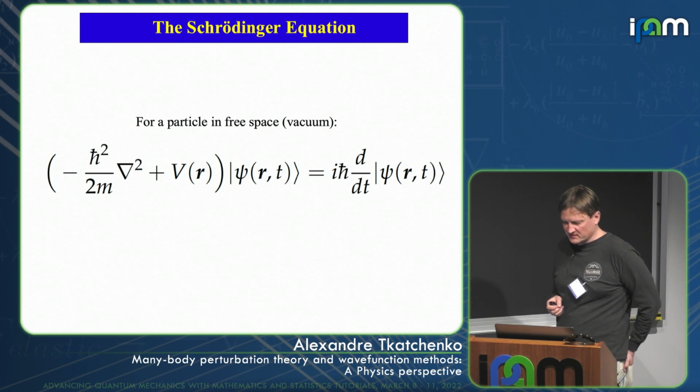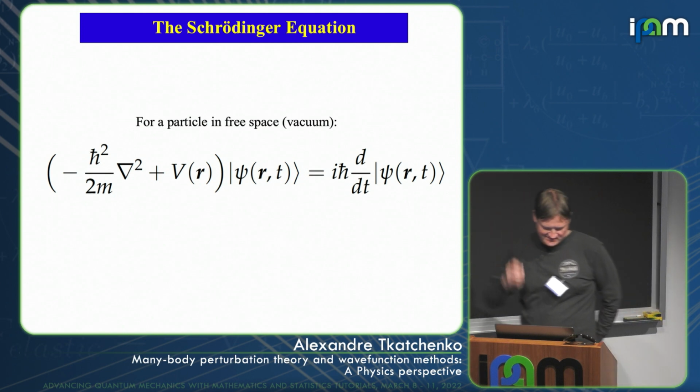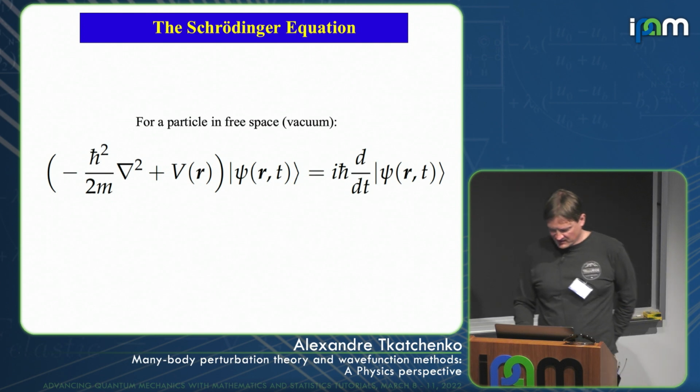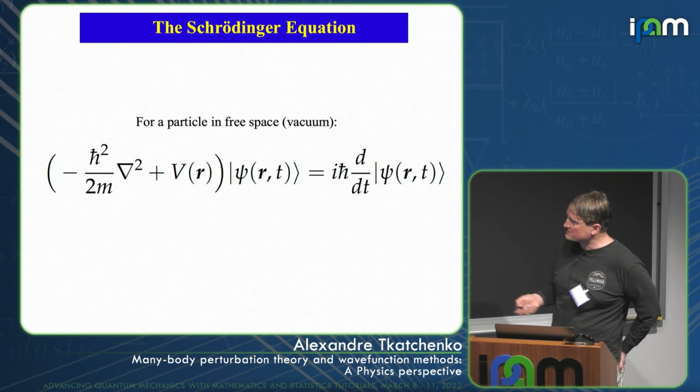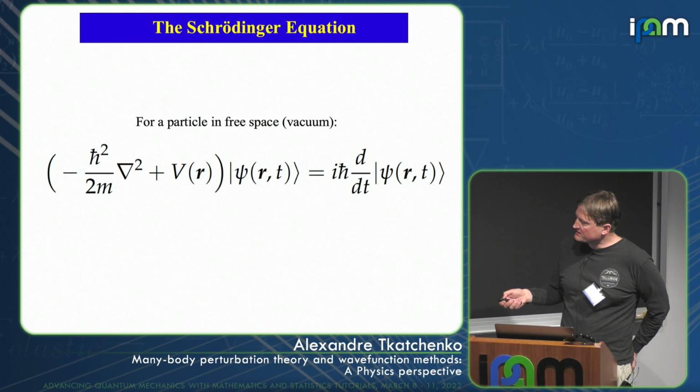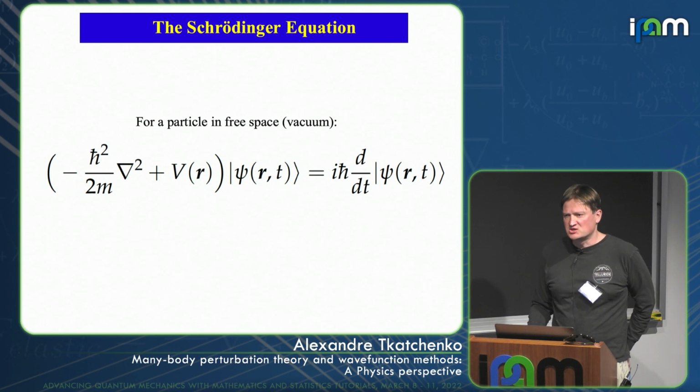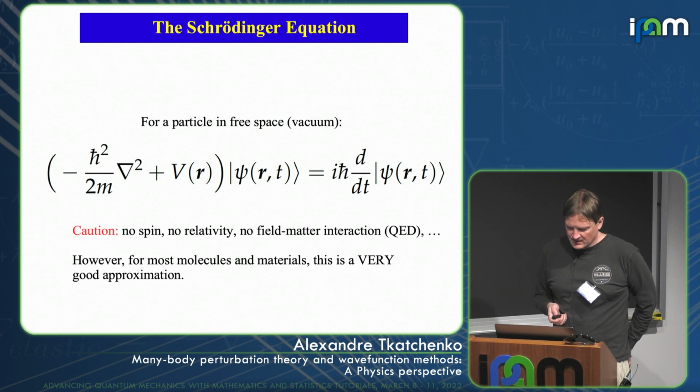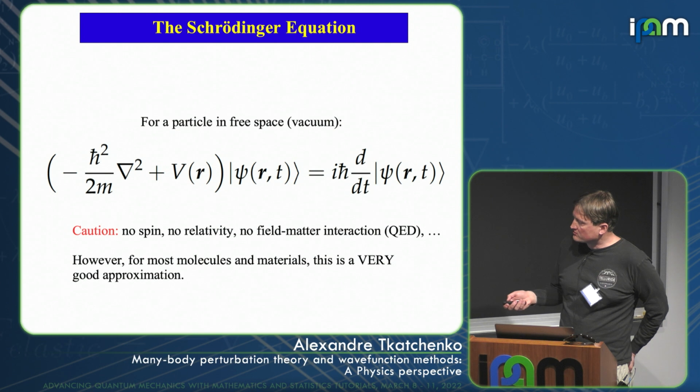Okay, so let us start from the very basics. You've already seen the Schrodinger equation. I don't have to tell you too much. So this is just a single particle here with its kinetic energy, and it's in some potential. And the wave function, in principle, of course, depends on both spatial and temporal degrees of freedom. Now, as Kieron already said, there are no spin degrees of freedom, there is no relativity, no field-matter interaction.